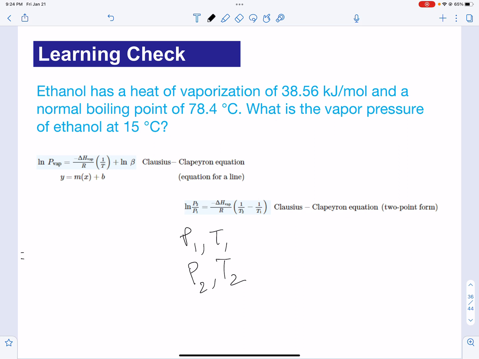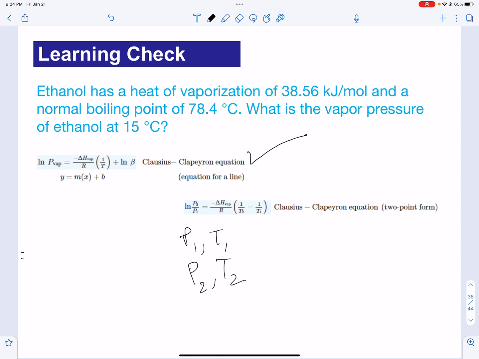The beauty of this way of writing it is that if you know 2 pressures and 2 temperatures, you can find the delta H of vaporization. But if you know the delta H of vaporization, then if you know pressure 1 and pressure 2 and T1, you can find T2. So it's a different way to start predicting.